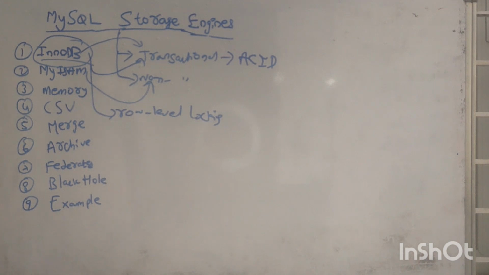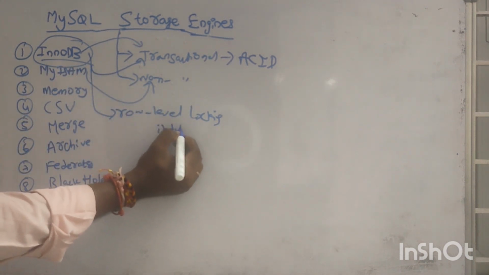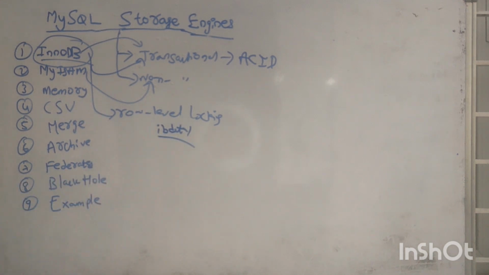By default, it contains a single system tablespace data file named ibdata1. This is the default data file, and it is created in the data directory.